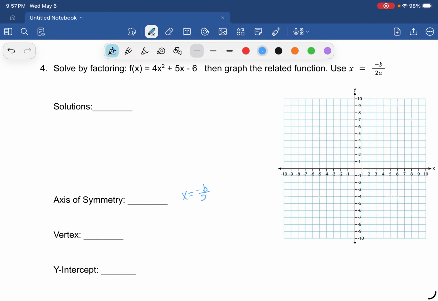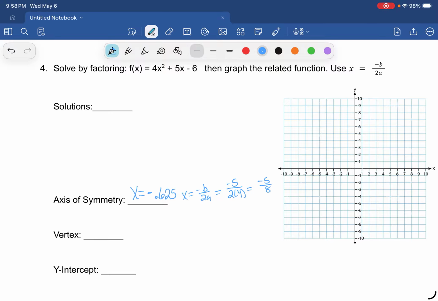Again, it's the opposite of b divided by 2 times a. It's negative 5 divided by 2 times 4. It's negative 5 divided by 8. Okay, negative 5 divided by 8 is negative 0.625.